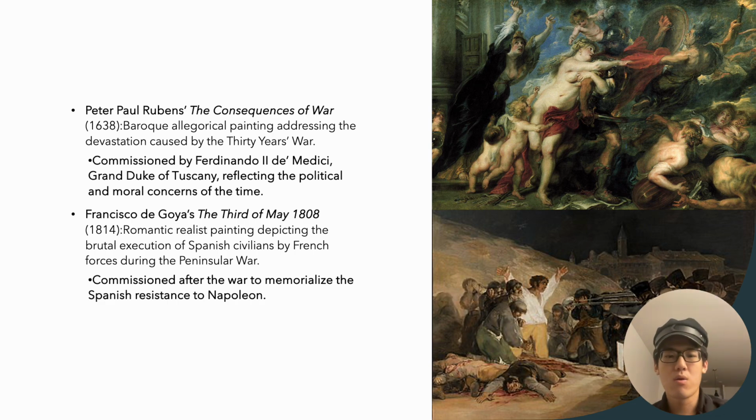The second artwork was created in 1814 and is a Romantic realism painting depicting the brutal execution of Spanish civilians by French forces during the Peninsular War. It was commissioned after the war, memorializing the Spanish resistance to Napoleon.